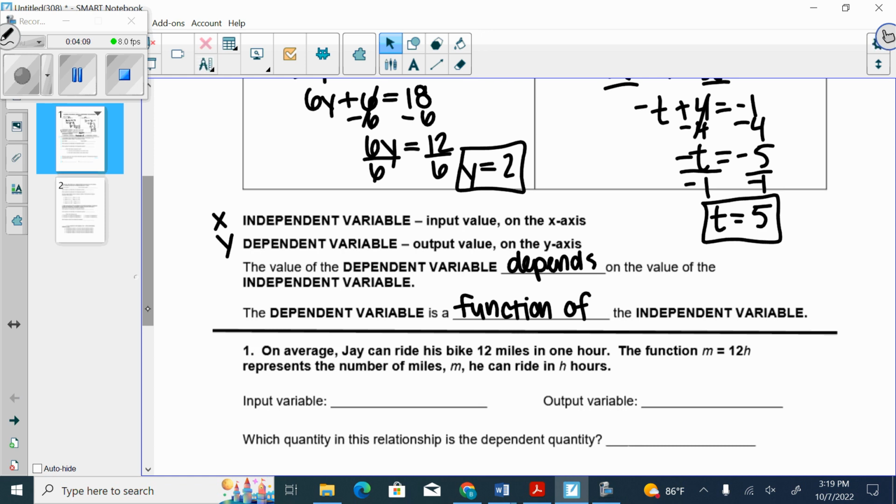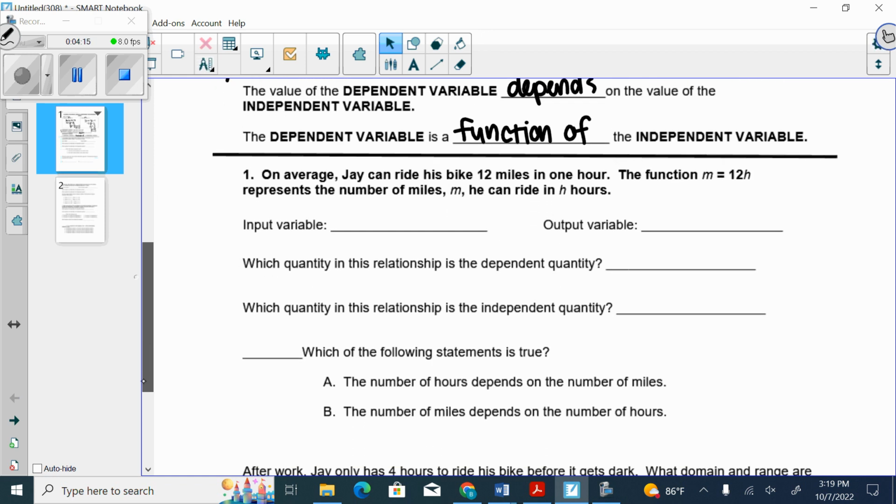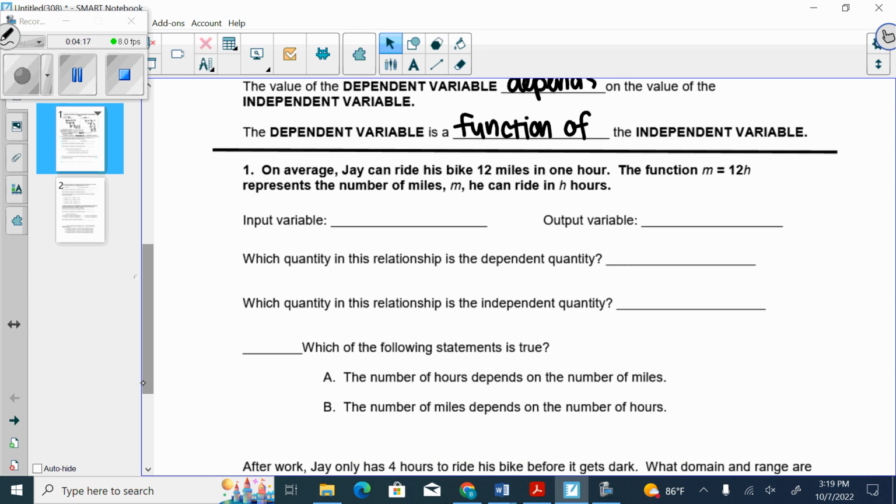So same thing here. So on number 1 here, they give us this real world scenario, and we're going to pick which one we think represents the independent, or the x's, and which one represents the dependent, or the y's. So it says, on average, Jay can ride his bike 12 miles in 1 hour.